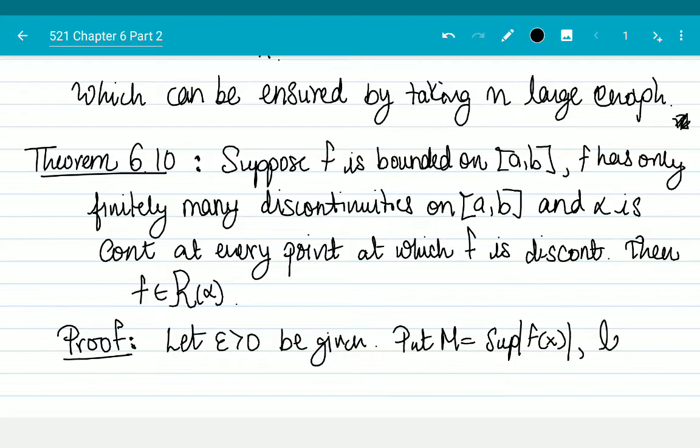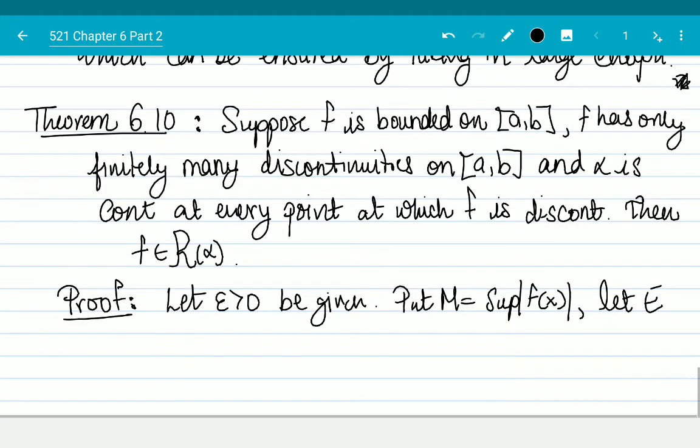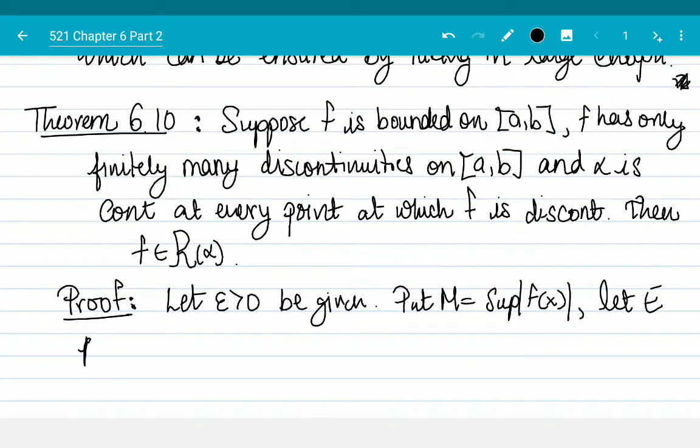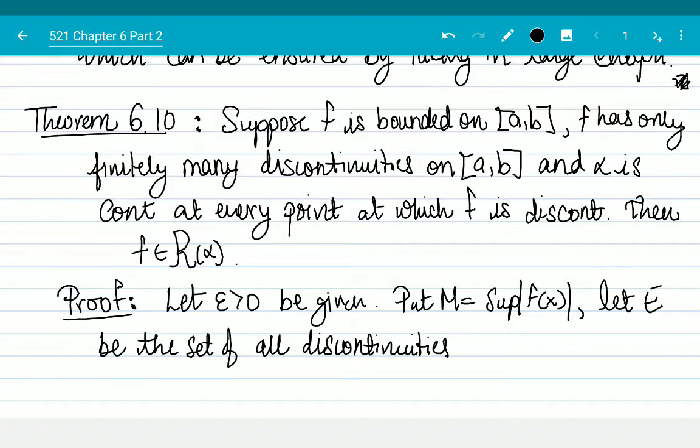And let E be the set of all discontinuities of f.